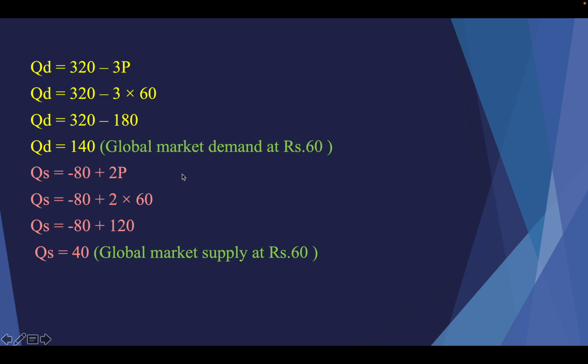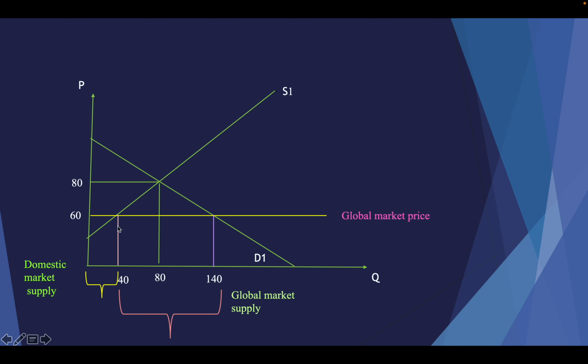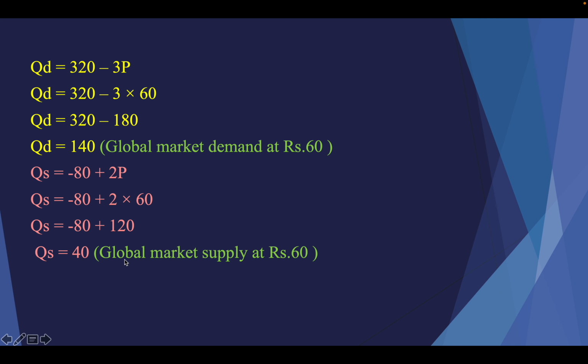Here I add the price 60 to the demand equation, and the demand here is 140. Then for the supply equation you can add 60 and find the quantity at the intersection, the domestic supply. For the QS equation, I add 60, and it is 40.